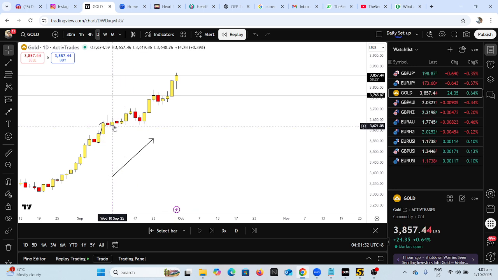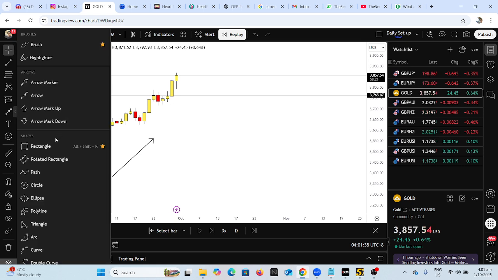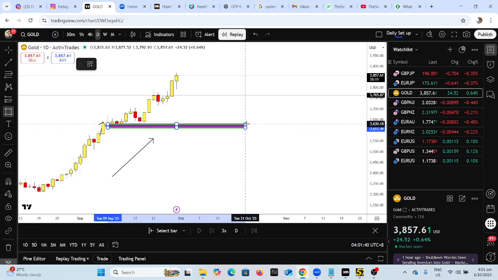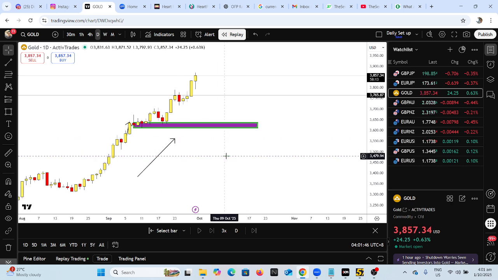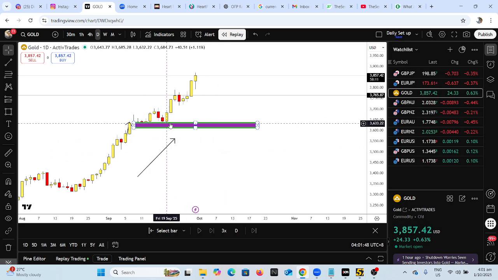So this base, if you look at this, the sellers try to push the market down but fail multiple times. So we know that the price is making a support down here, or making a new demand zone. That is where price made a demand zone and then price pushed up. So in this case, it's still uptrending.